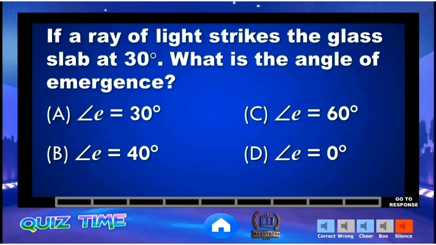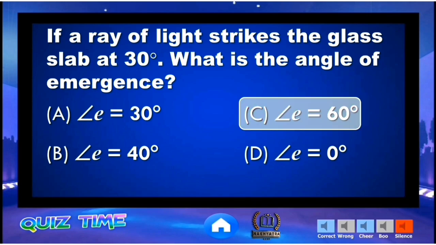Alright guys, your time's up. Now can you tell me which is the correct answer? Yes, the correct answer is option C, that is, angle of emergence is 60 degree. So if a light ray strikes the glass slab at 30 degree, then the angle of emergence will be 60 degree. Remember that in the case of a glass slab, the angle of emergence is always equal to the angle of incidence.